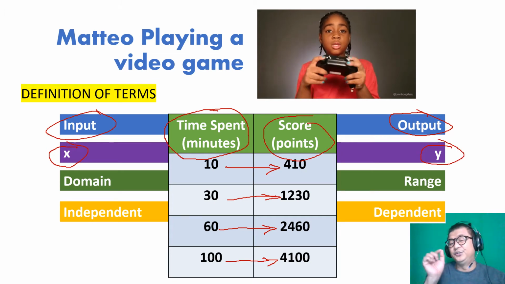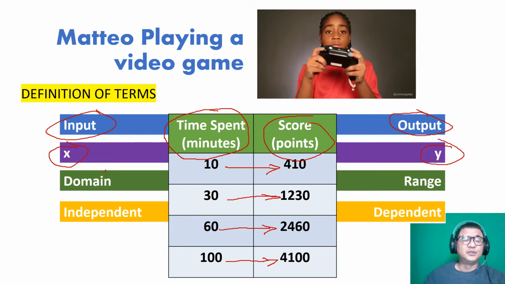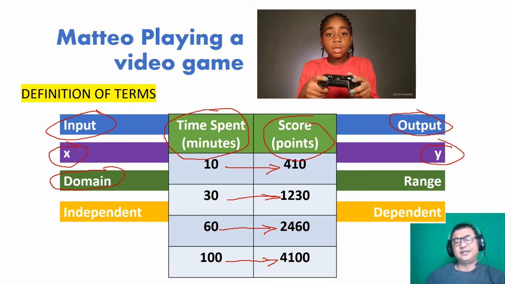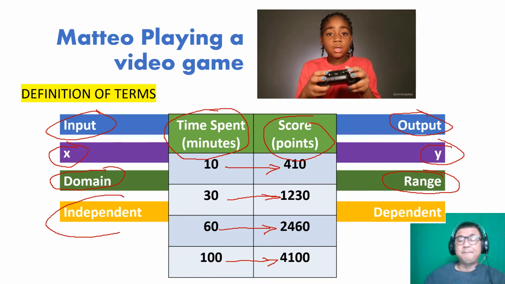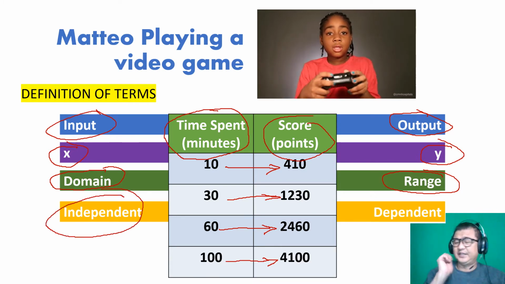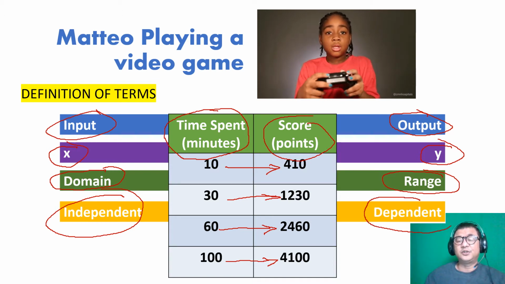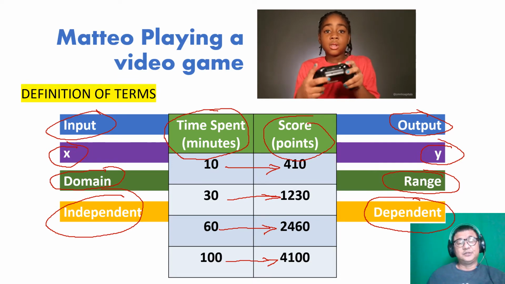You will learn new definitions. The word domain is the input, the range is the output. What else? The input is always independent. You can give any value you want. But the result will be the output, of course, and you call it the dependent. The dependent depends on the input value that we put in.